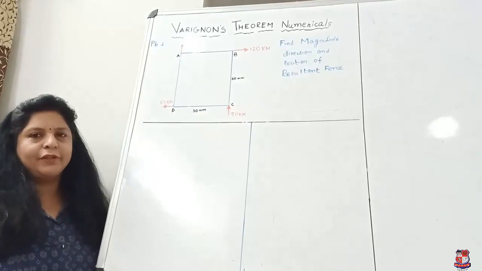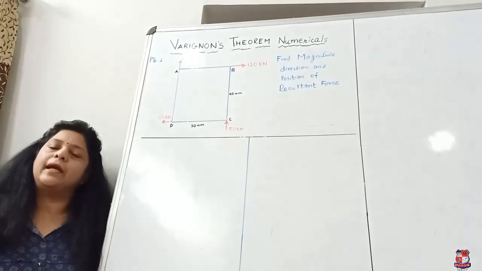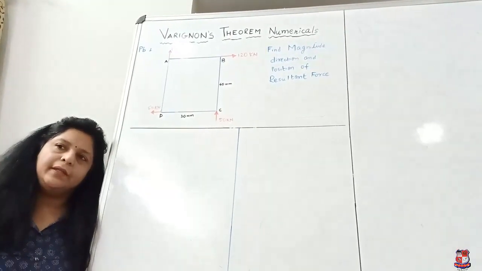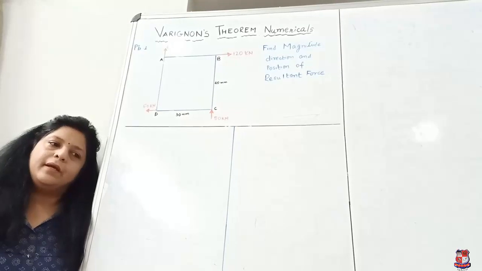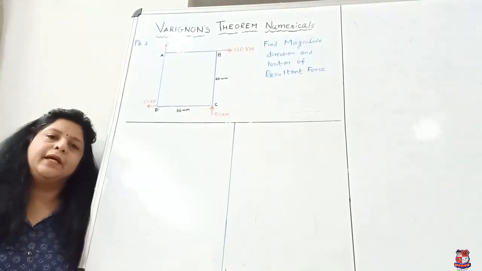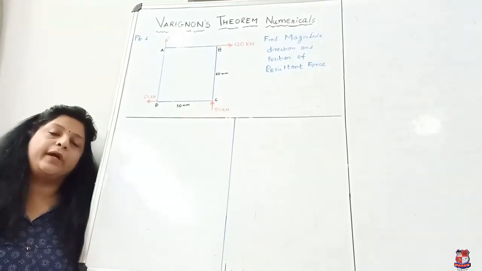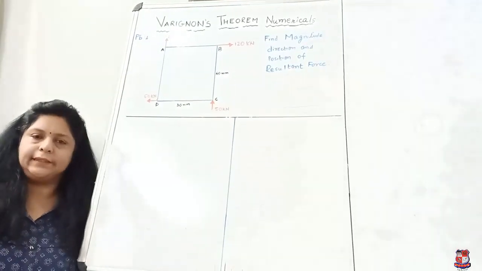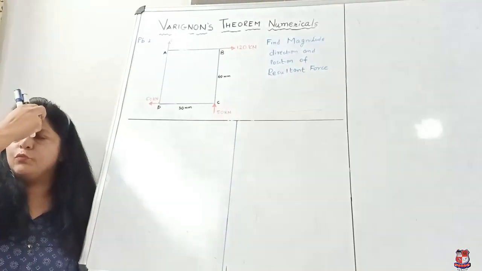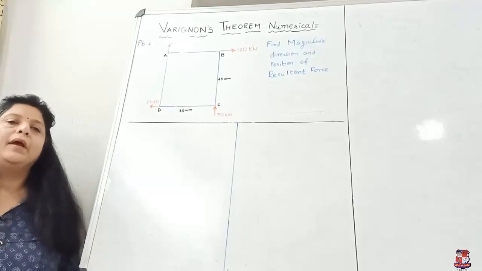Hello friends, good afternoon. So we are meeting today after studying the Varignon's Theorem. That is, it is basically meant for coplanar non-concurrent force systems, and basically it is used to find out the position of a resultant, right? So we'll just brush up on what we had studied in the previous lecture.